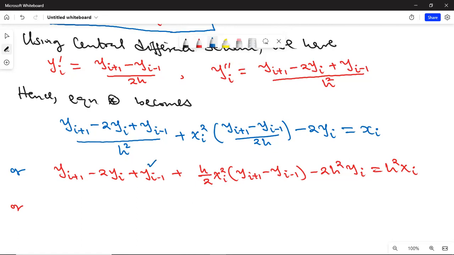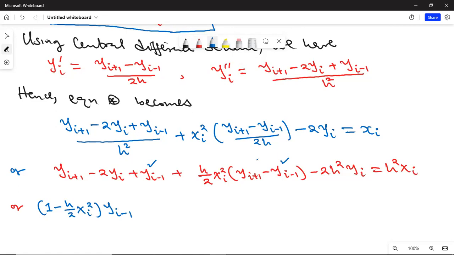So here we have 1 minus, this other one is h over 2 xi squared. These are the coefficients of yi minus 1.